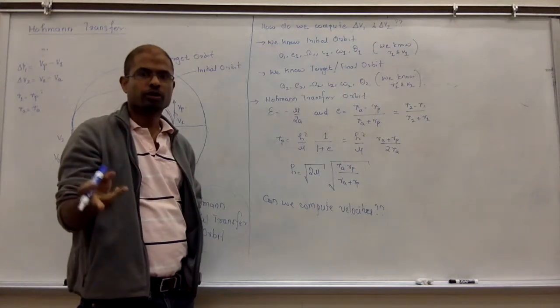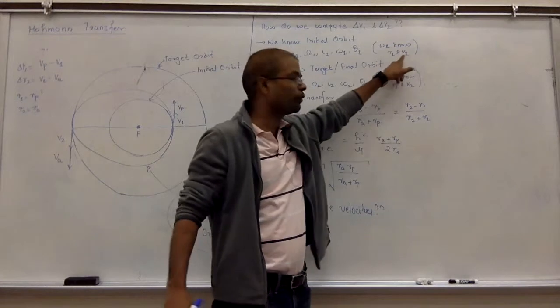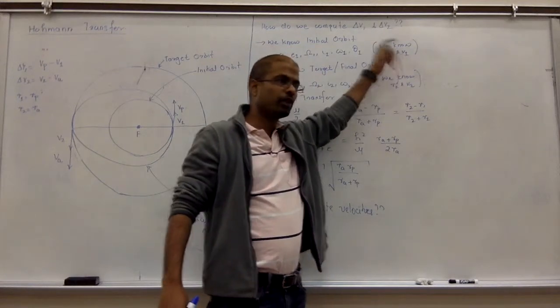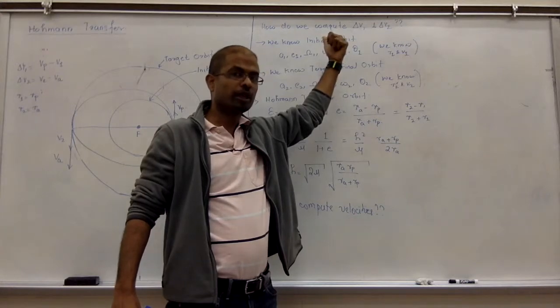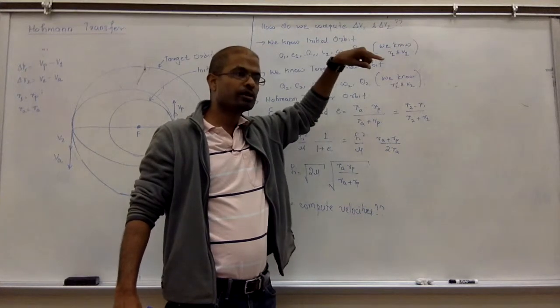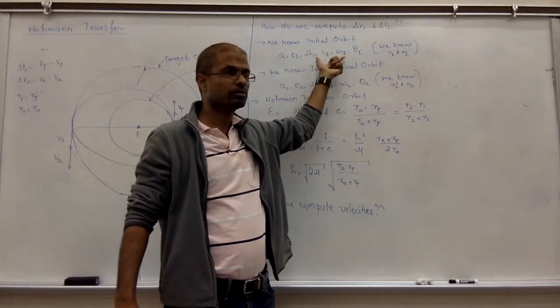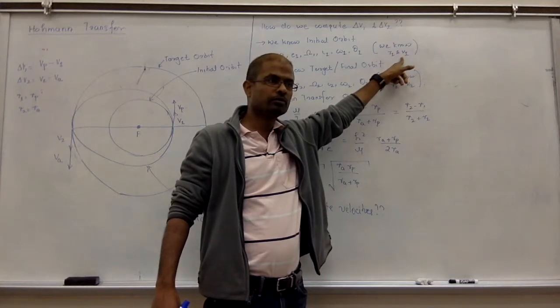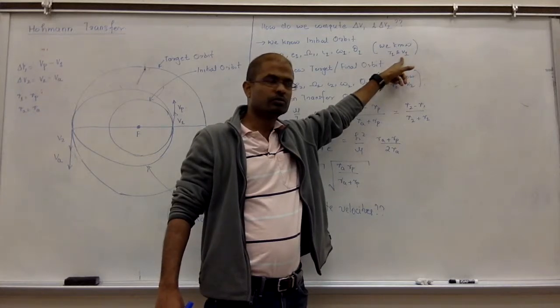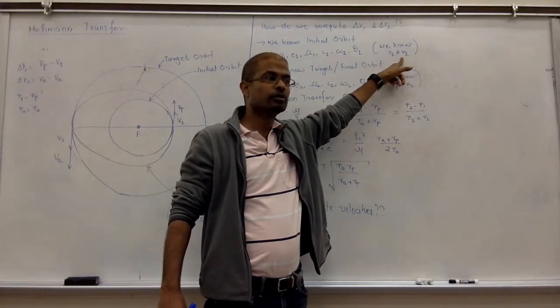Again, go back to your homework. The first part was you were given R1 and V1 and you were asked to compute the orbital elements, which you did from MATLAB. You also did the reverse. You were given orbital elements, and you were then required to find R and V. You don't remember doing this?